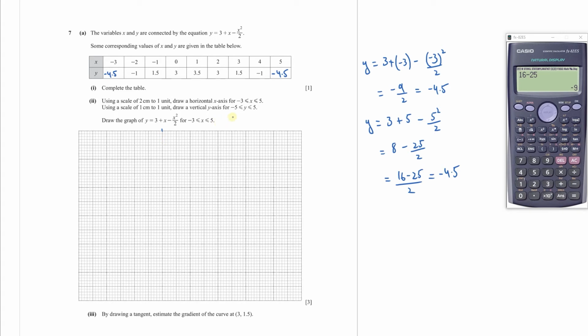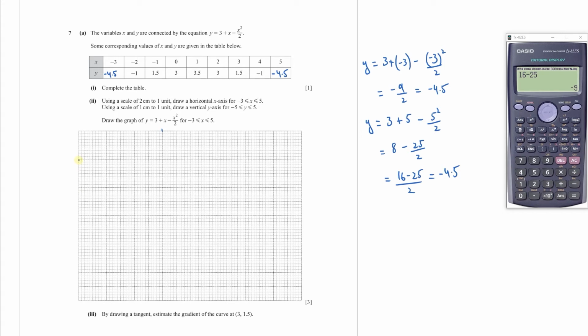And then for the x-axis, I will look at the range of y, which is minus 5 to 5, and I have the scale as 1 centimeter to 1 unit. So this will be minus 5, then this will be minus 4, which is 1 centimeter away, minus 3, minus 2, minus 1, 0, 1, 2, 3, 4, 5.